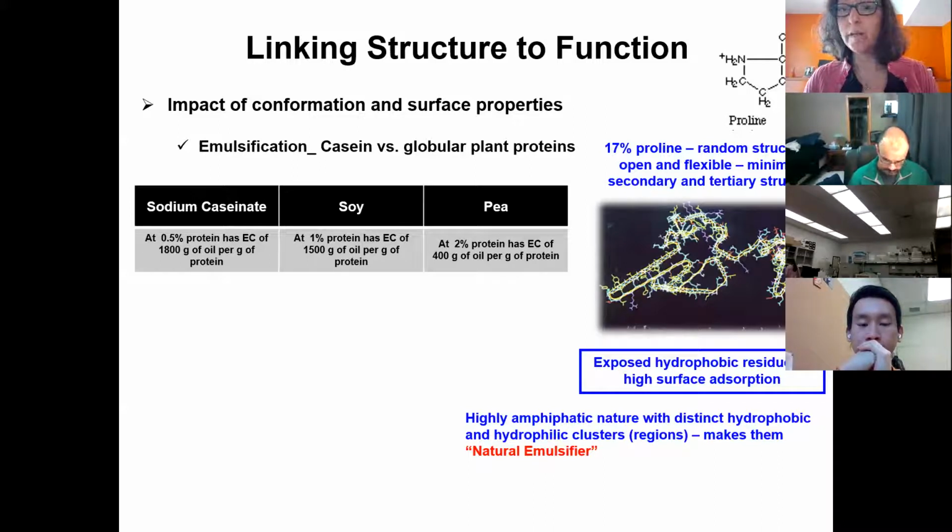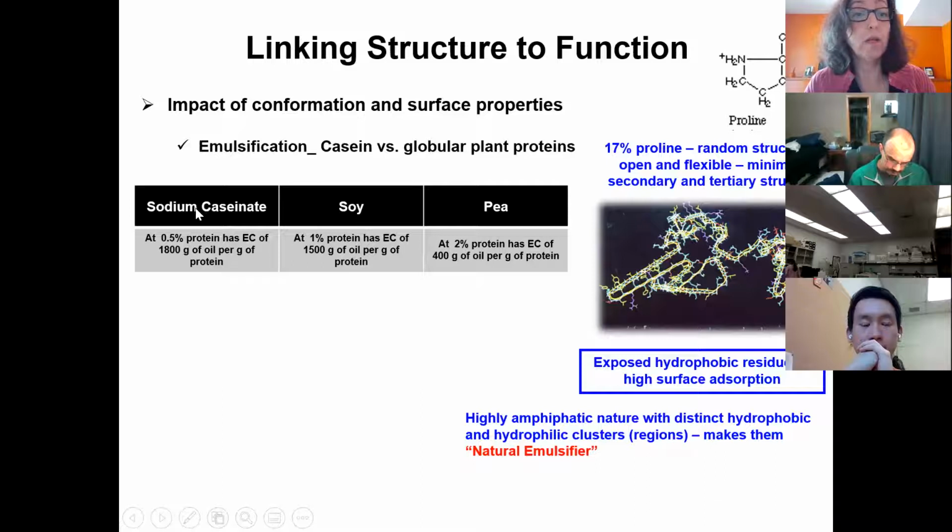They're natural emulsifiers. There is one measurement we usually do to determine one of the emulsion properties, emulsification capacity. EC stands for emulsification capacity, which is basically the amount of oil a gram of protein can emulsify.